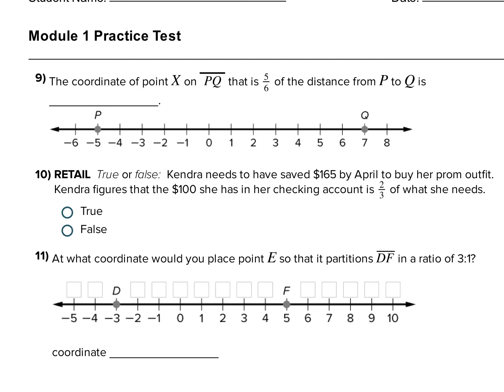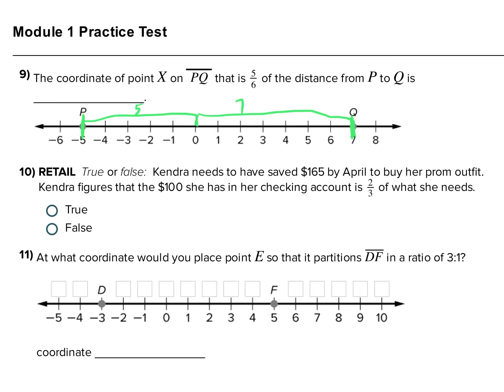So first thing we need to do is determine what the total length of P to Q is. And so if you notice, -5 to 0 is 5 units, and 0 to 7 is obviously 7 units. So PQ has a length of 12.